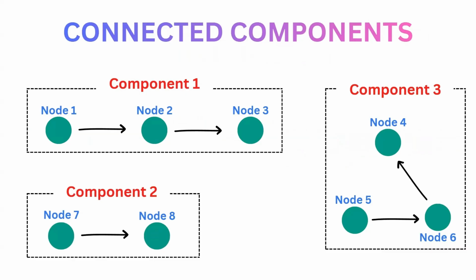In component 1, every vertex is reachable from every other vertex, like node 1, node 2, and node 3 in this subgraph, and there are no connections to vertices outside this subgraph, as you can see in component 2 and component 3. In component 2 we have node 7 and node 8 connected in this subgraph. Similarly, we have node 4, node 5, and node 6 for component 3.